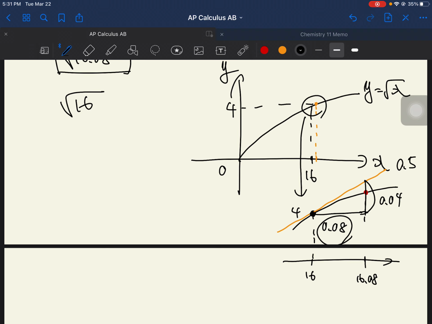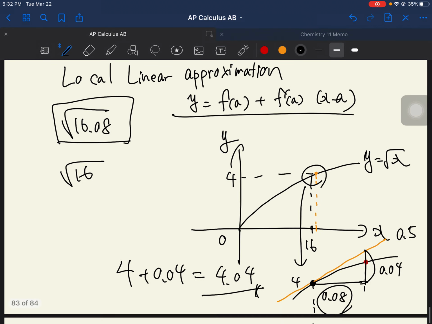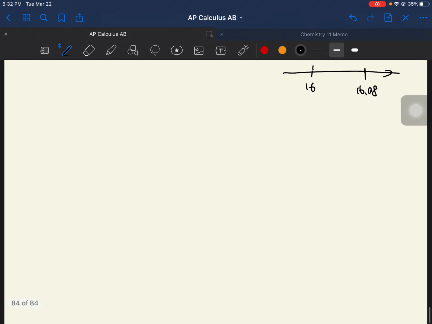The y value of this one is 4, so you can just easily add 4 plus 0.04, then you can easily find the value of 4.04. This is the local linear approximation.